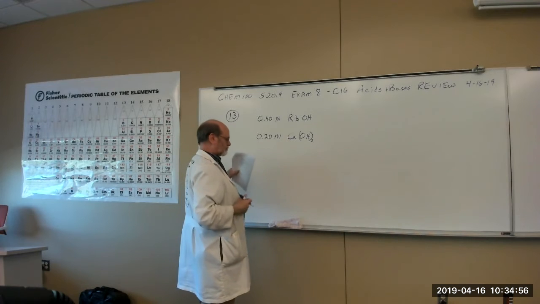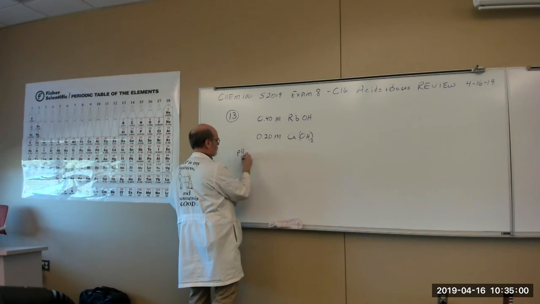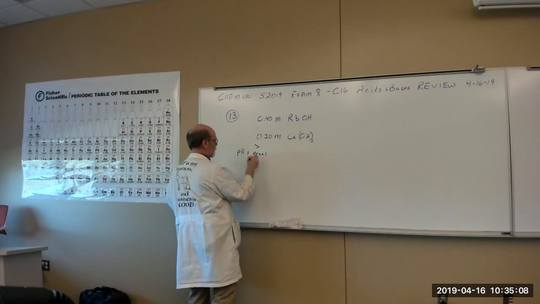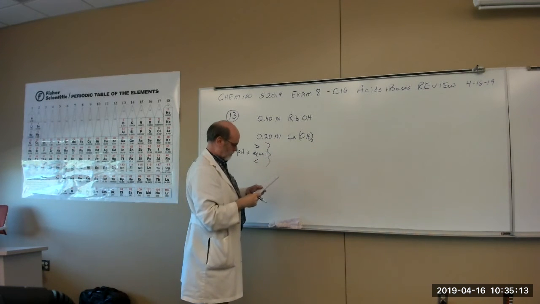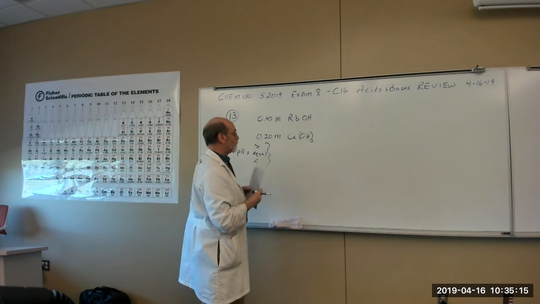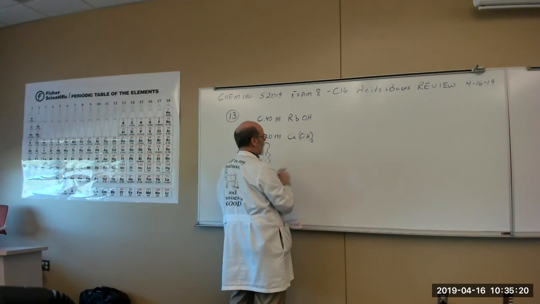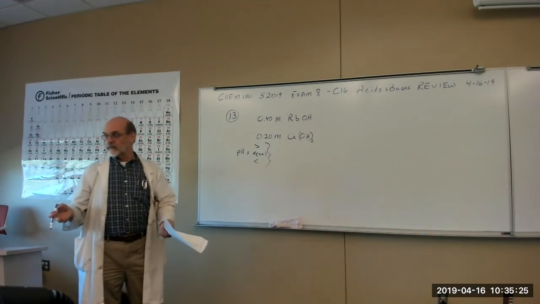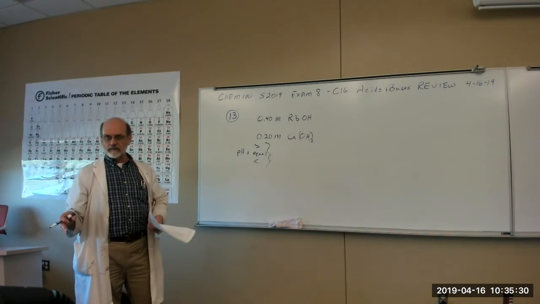So, what do we need to know to answer the question? pH is equal, or greater than, or less than, one or the other. Well, if we find out how much hydroxyl this one produces and how much hydroxyl this one produces, then we can infer the hydrogen ion concentration, based on their stoichiometry.